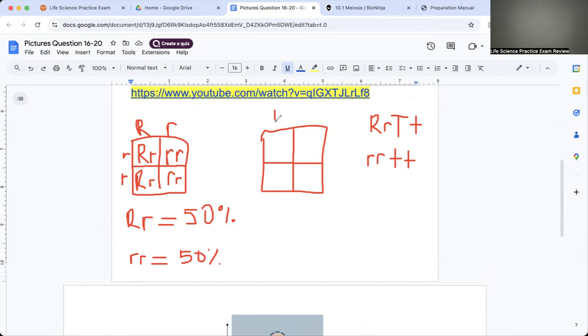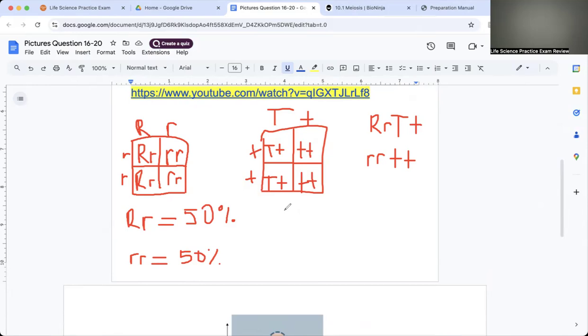So now we're going to do the T's. We're going to do the same thing. Big T, cross with little t. And again, pull the top down and the side across. Perfect.